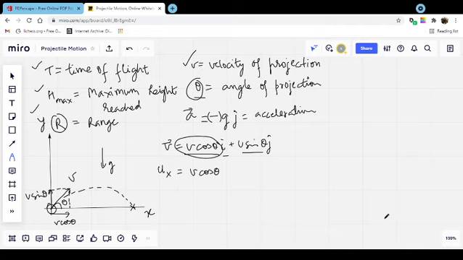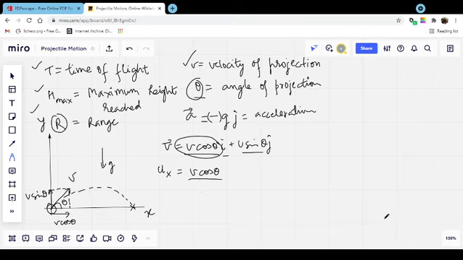What was this velocity from? This velocity was from v, and we took its projection along x axis, and it has a very clear consequence. Now if I were to ask you what is the acceleration of the ball along x axis, you would say 0. There is no acceleration along x axis. So should the velocity along x axis change if there is no acceleration? The answer is no, it should not change. So that means that the velocity along x would remain constant throughout the motion. It would remain v cos theta.